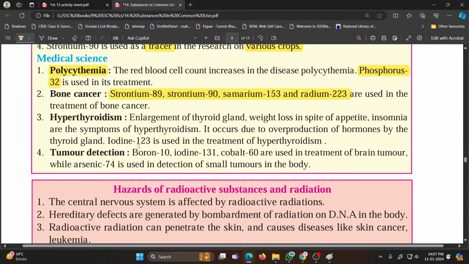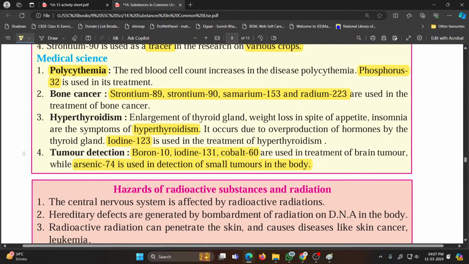Hyperthyroidism, iodine 123 is used to treat hyperthyroidism. Then for the tumor detection, boron 10, iodine 131 and cobalt 60 are used. Arsenic 74 is used for the detection of small tumors in the body.